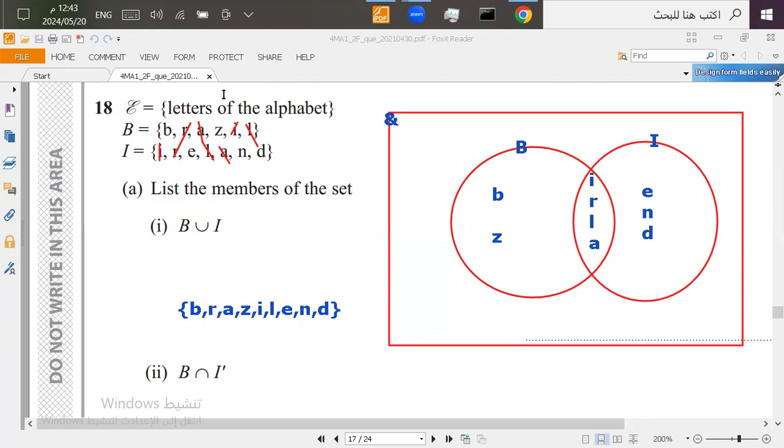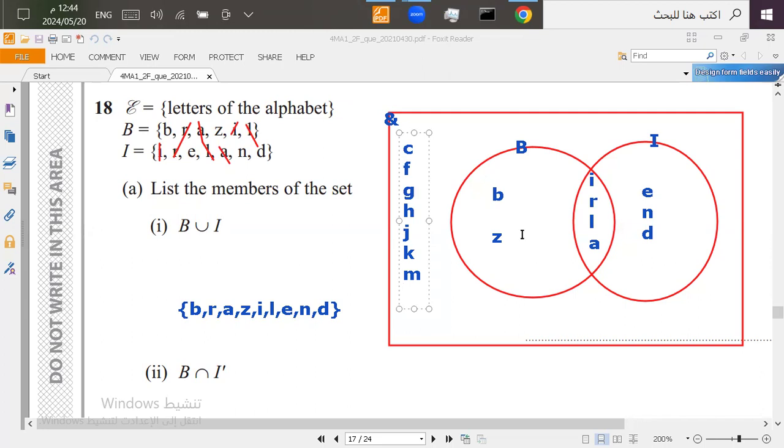Now, let's take a look at the universal ones, which is the letters of the alphabet. Now, let's count them. We have A. Let's check if we used it or not. We already have A. B is used. C is not, so we put C. D is used. E, F, G, H. I is used. J, K. L is used. M, N is used.